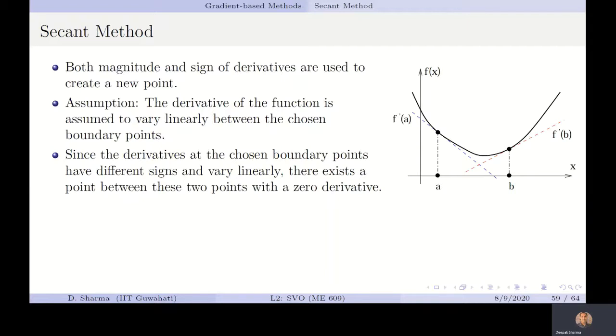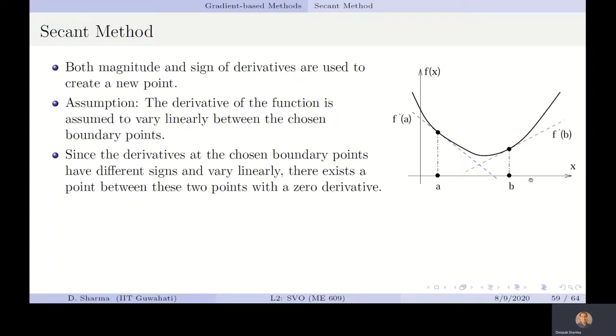And in step 3, we always look whether it is a smaller than or a greater than type, and based on the derivative sign, we eliminate the region. But what the secant method says is that they are going to use the value. So the value of the derivative as well as the sign, both will be used. And in this case also, we don't have to calculate the double derivative of the function. Right. So how does it work?